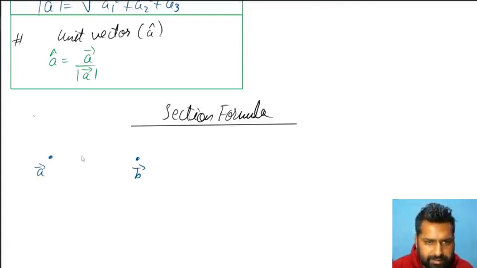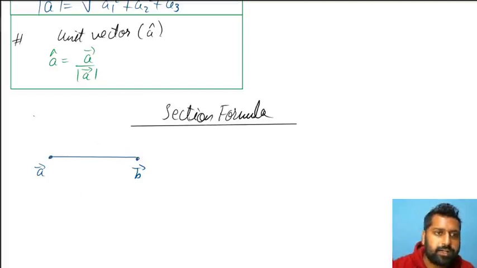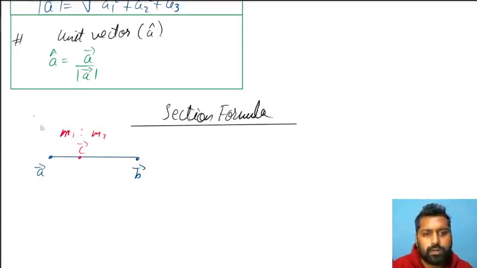Let's say C point is there, which is internally dividing A and B in, let's say, some m1 ratio m2. Or you must have studied with m ratio n. I have the tendency to write m1 m2, it's simple that way. So this is first of all the case of internal division.